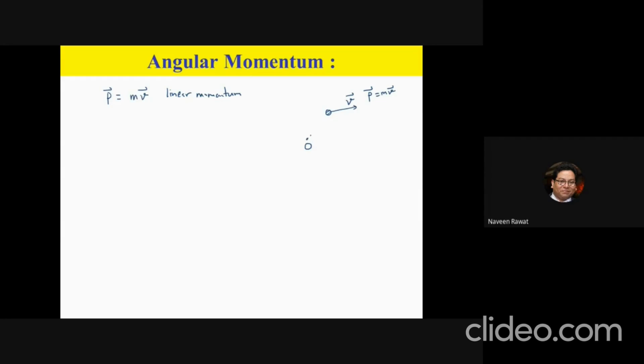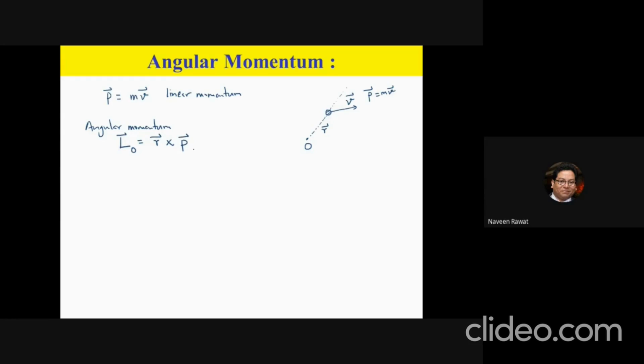The angular momentum will be defined as L, and let's define this L from this axis O. It will be given by the vector r, which is the position vector from the axis that we are choosing, that is your r, cross your p, which is the linear momentum.